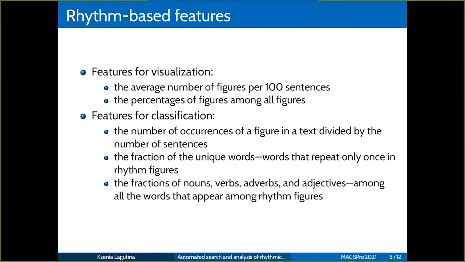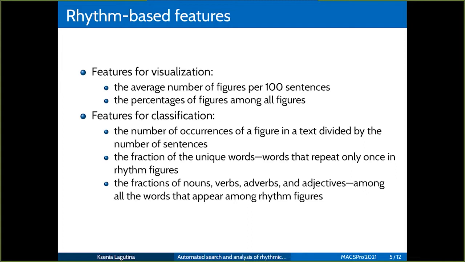So we have the average number of figures per 100 sentences and the average number of each separate figure per 100 sentences. And also we compute the percentage of figures among all figures. For classification, we take the number of figures per one sentence, so we don't multiply by 100.